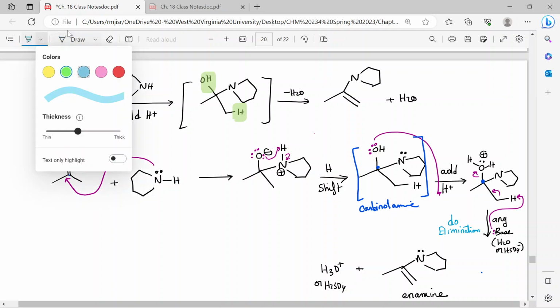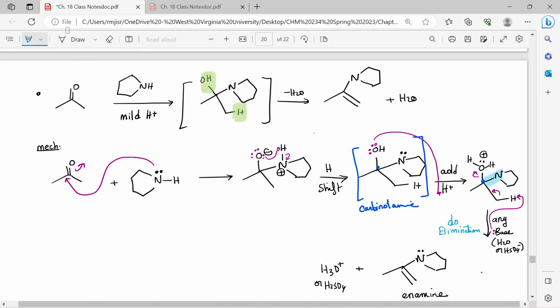Let's highlight that. So elimination cannot happen here, between the carbon and the nitrogen, due to the fact that the nitrogen here has no hydrogens whatsoever. So this is why elimination needs to happen on the adjacent bond of the nitrogen in there.